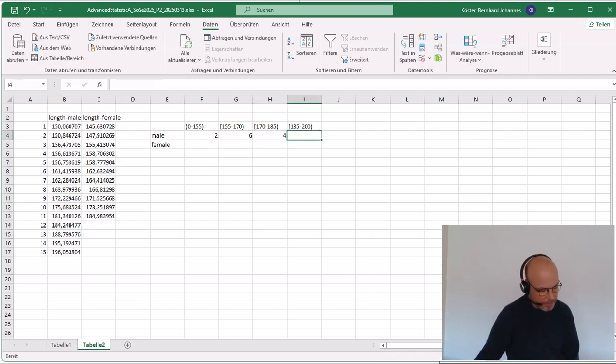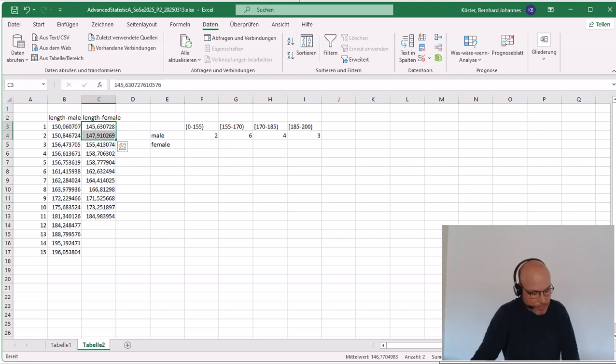And above 185, these are 3. And female, there we have 2.